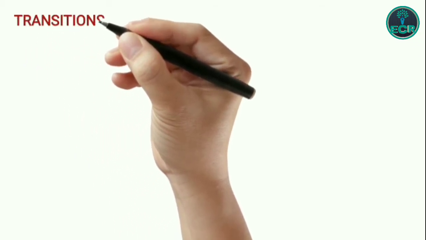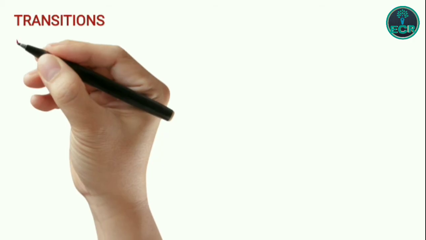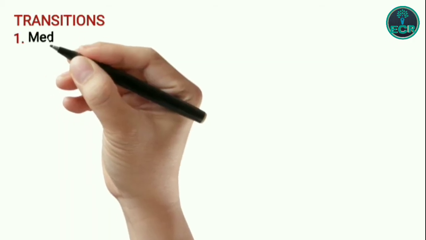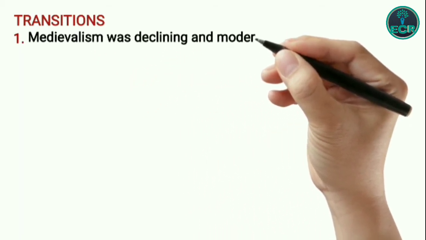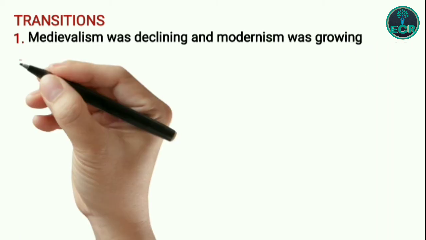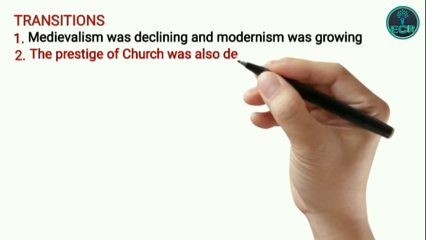Let us now discuss the transitions that took place during Chaucer's age. The first change was that medievalism was slowly declining and modernism was growing. The prestige of the church was also declining.